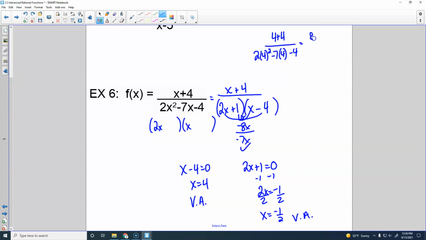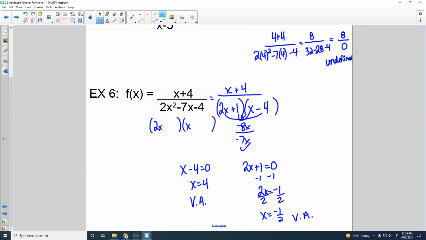That gives me 8 on top. On the bottom, I get 16 times 2, 32, minus 28, minus 4. And you're going to end up getting 8 over 0, and 8 over 0 is undefined. So you get a 0 in the denominator.